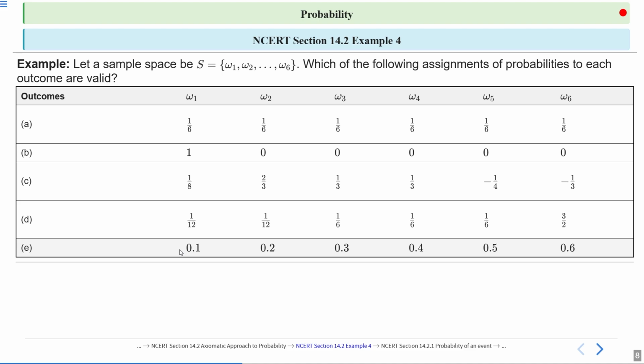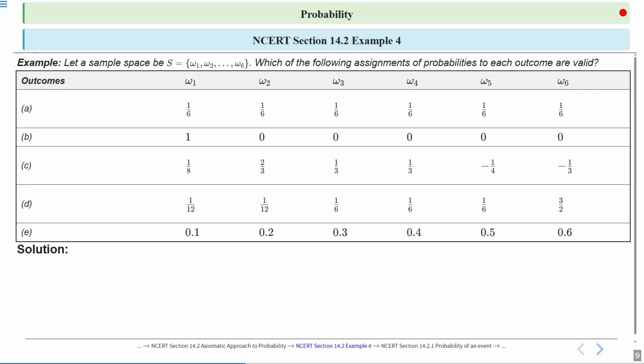You have 10 seconds. Okay, I hope you have checked which of the assignments of probabilities to each outcome are valid. So let's see how to check.